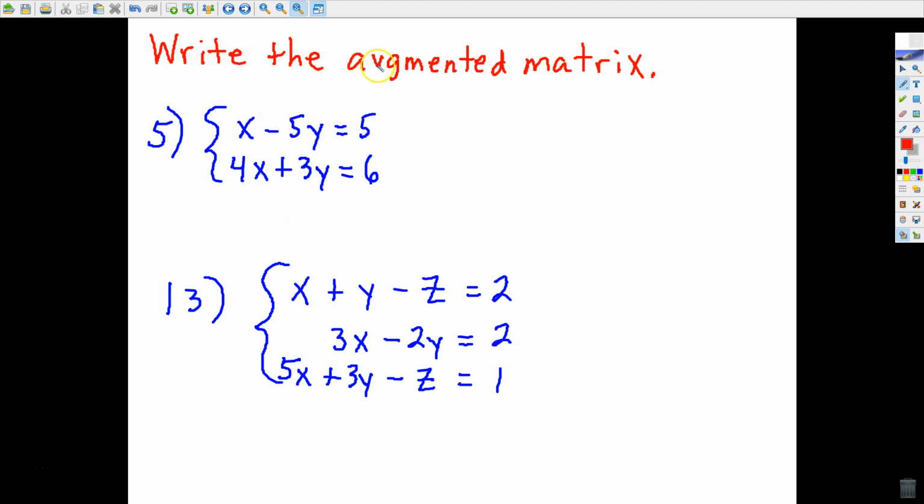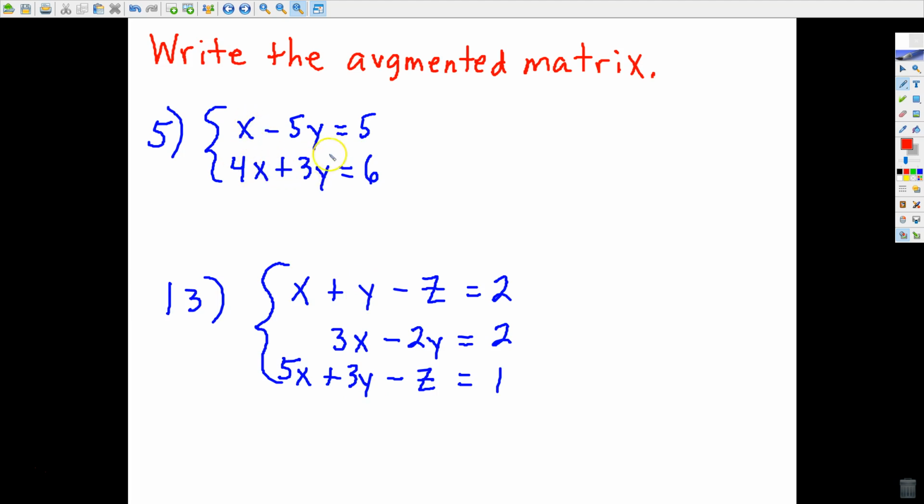Well, what it's talking about with an augmented matrix. Anybody know what the word augment means? It means to add on to. There are several similar ways of explaining augmenting something, to put something as an attachment onto something.